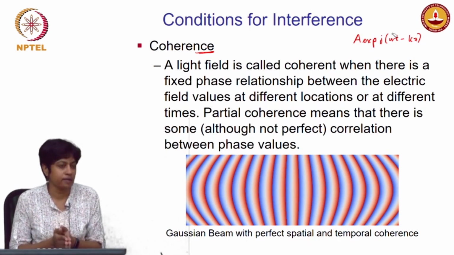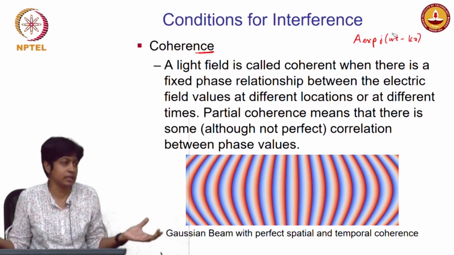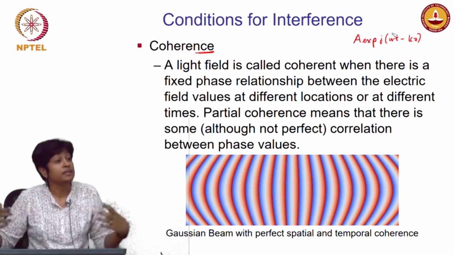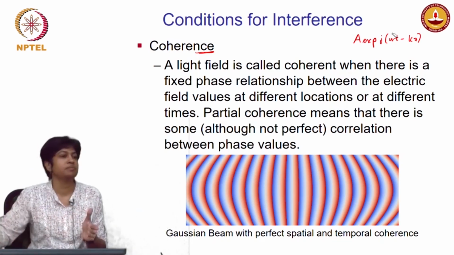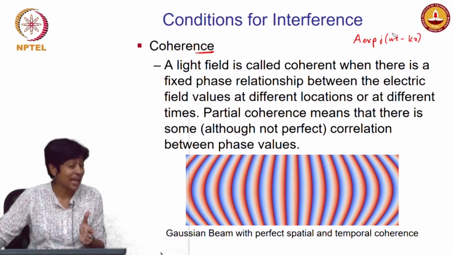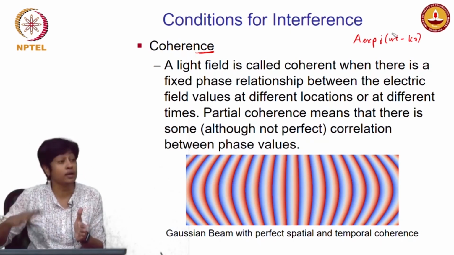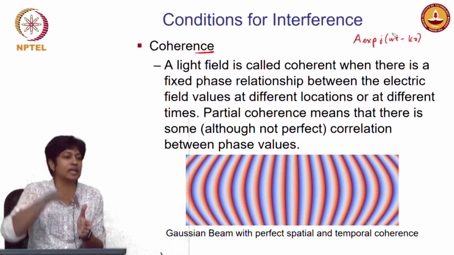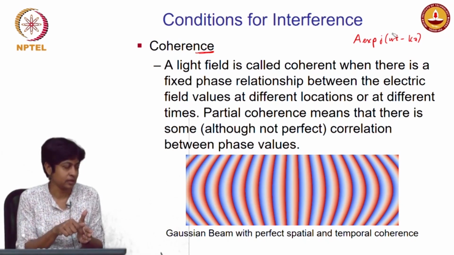Now, no wave will have a fixed relationship for infinite time and infinitely positioned locations. So, the degree of coherence depends on how far you can go away and still say the wave at this far distance, or the wave that is much delayed, is still correlated to the wave I am measuring at this place at this time. Okay?